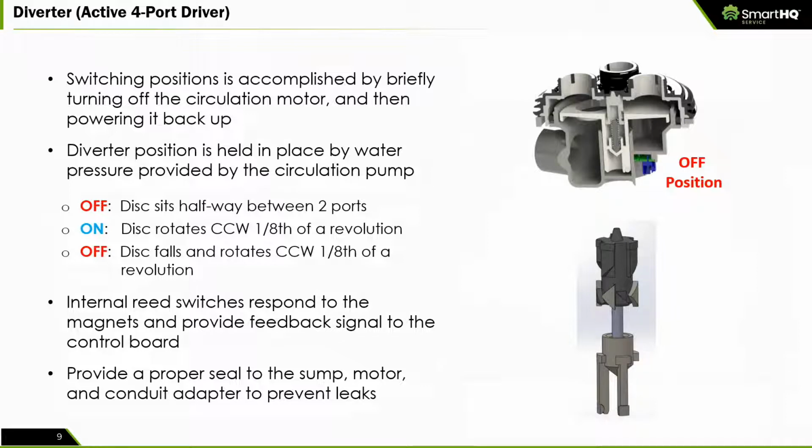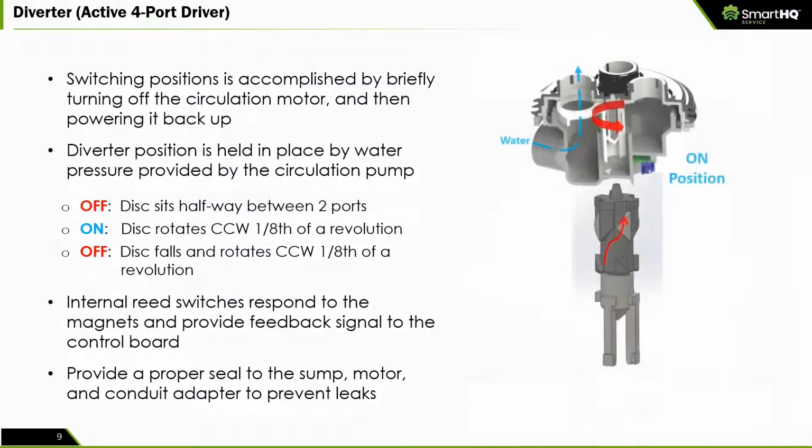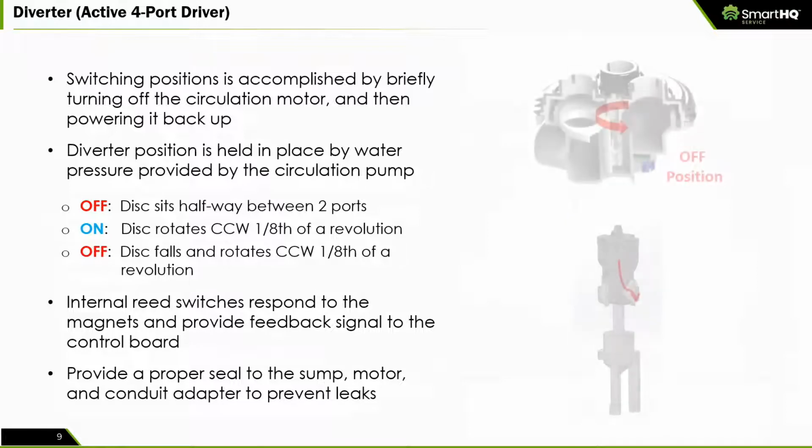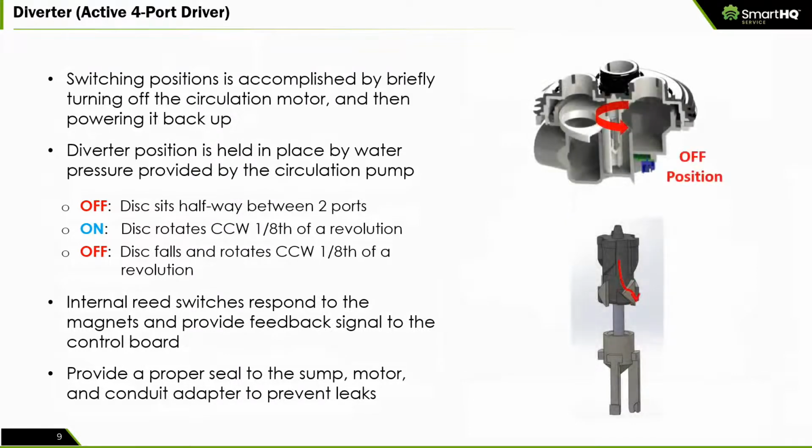Now, when the circulation pump runs and water is shooting through the unit, that disc is going to rotate counterclockwise 1/8 of a revolution and allow water to come out of one of the holes right there. When the circulation pump stops, the disc will rotate again counterclockwise another 1/8 of a revolution, and now it's going to prevent the water from coming out.